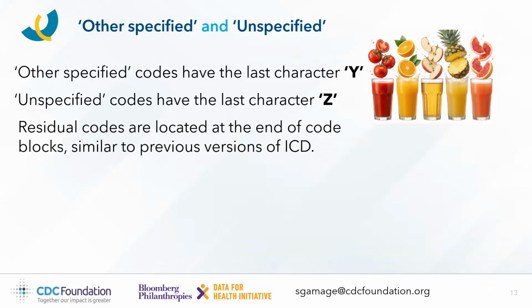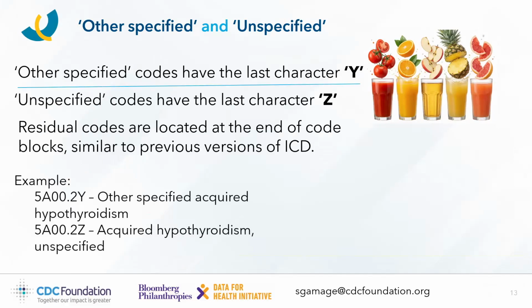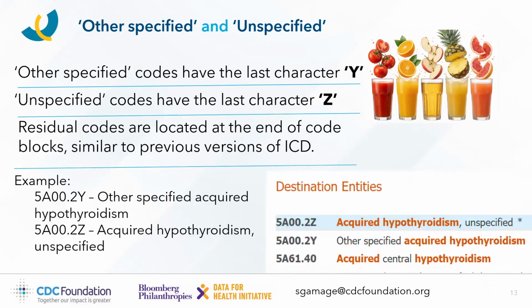Other specified codes have the last character Y. Unspecified codes have the last character Z. Residual codes are located at the end of code blocks, similar to previous versions of ICD. For example, 5A00.2Y, other specified acquired hypothyroidism. 5A00.2Z, acquired hypothyroidism unspecified.